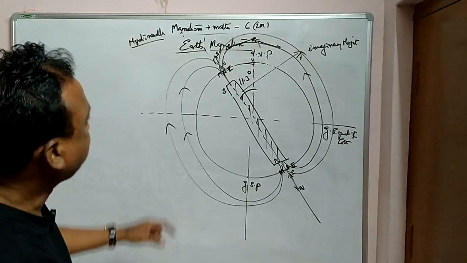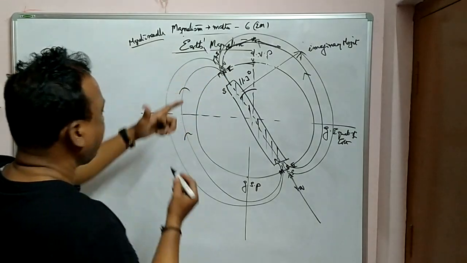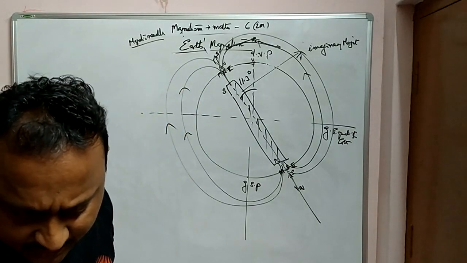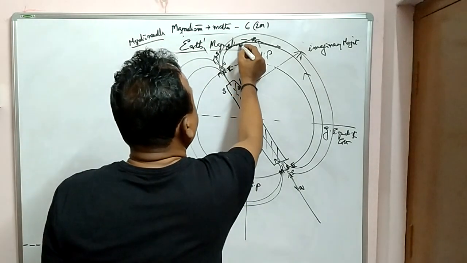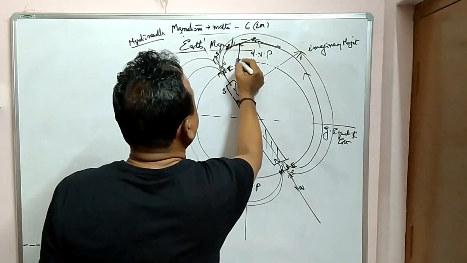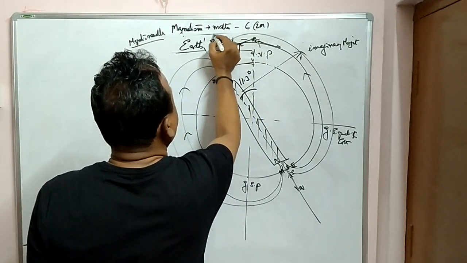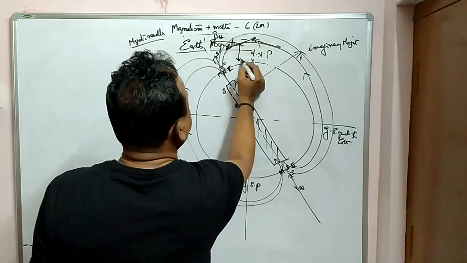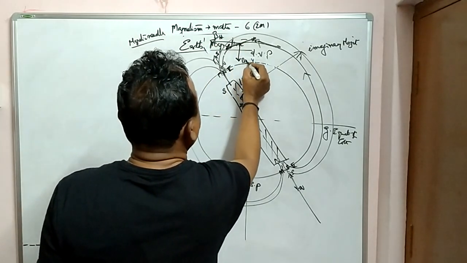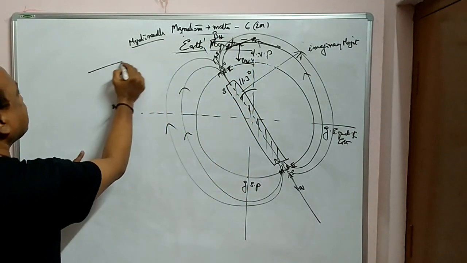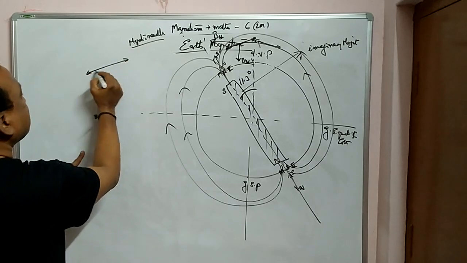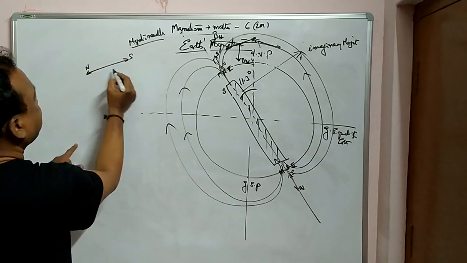You can see, if you take the compass, shall I draw here or there, I'll show. Okay, you can see here this compass. This is the horizontal component of the earth, this is the vertical component of the earth. I am showing the compass here. This is the compass, magnetic compass.